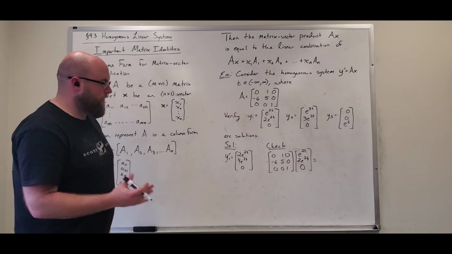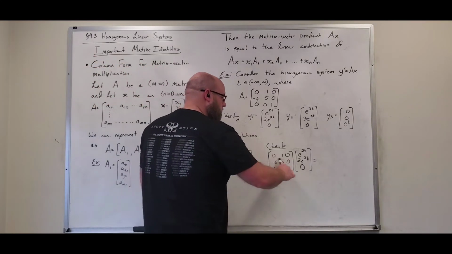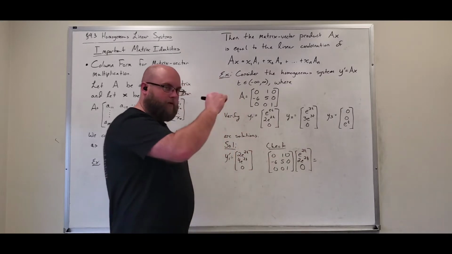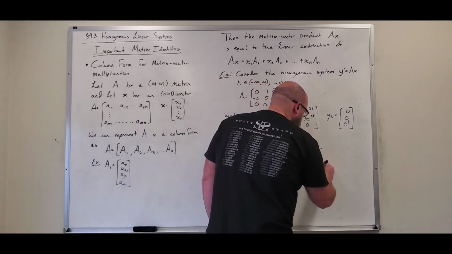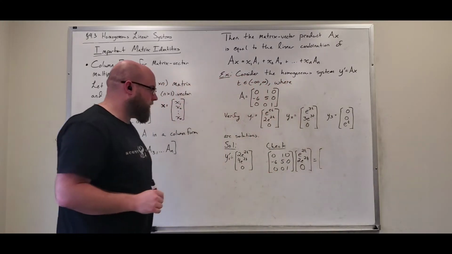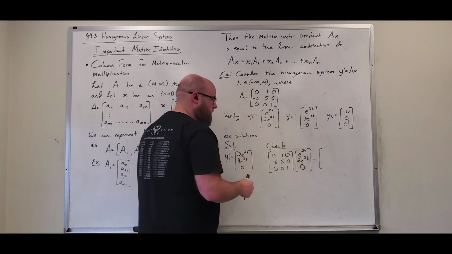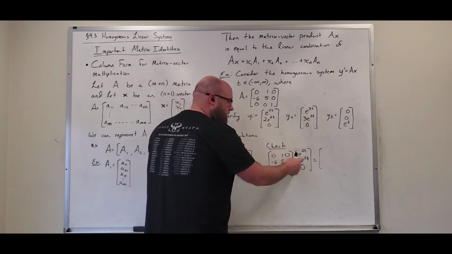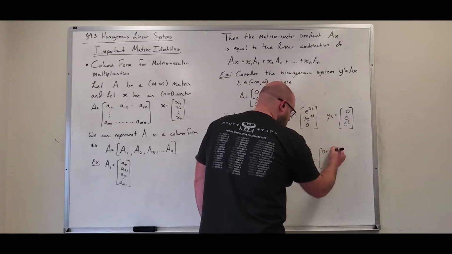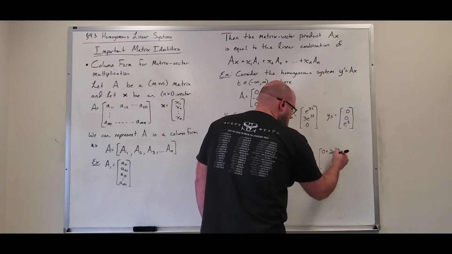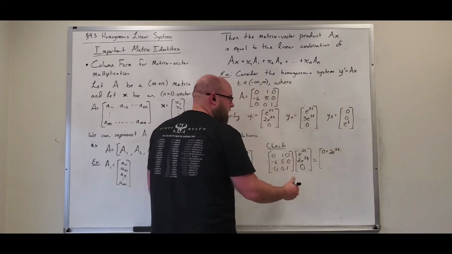Again, this is good review for getting back to the swing of things with matrices. So row times column is going to be our first element in this column. We have 0 times e to the 2t plus 1 times e to the 2t, and then 0 times 0.